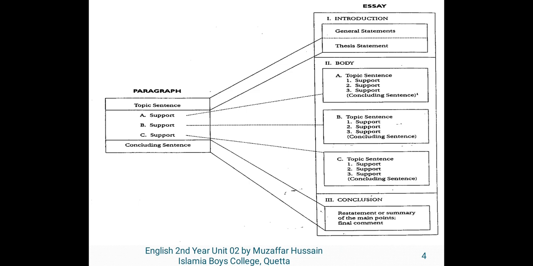On the left side is the way a paragraph is written: topic sentence, supporting sentence A, supporting sentence B, supporting sentence C, and concluding sentence. On the other hand, an essay is a combination of paragraphs. First of all, we write an introduction, then the body of the essay follows, and then the conclusion.